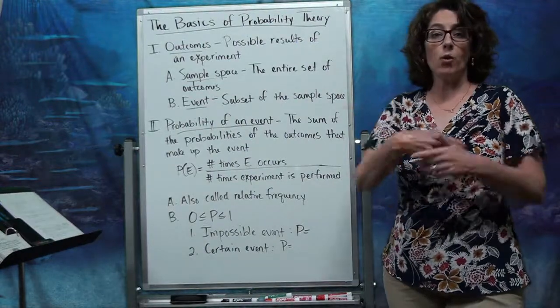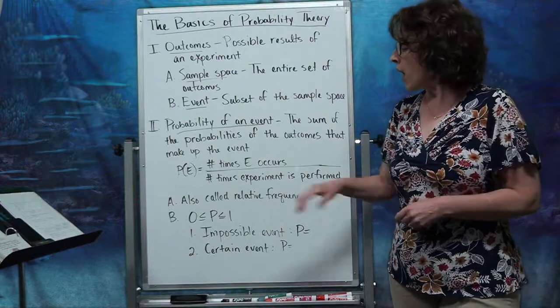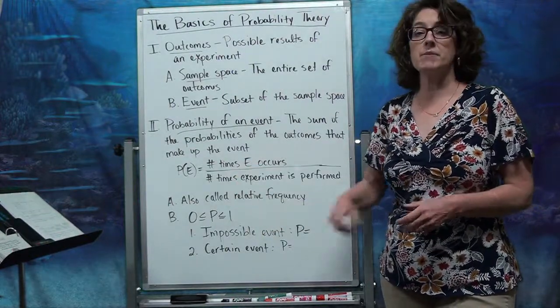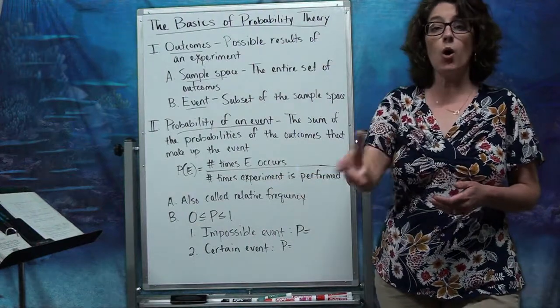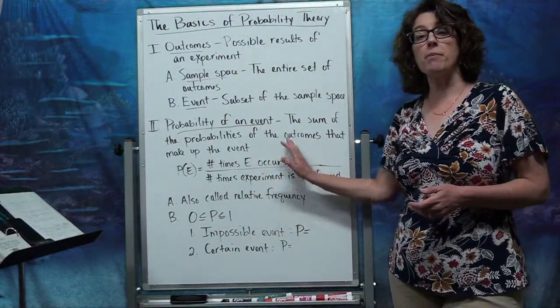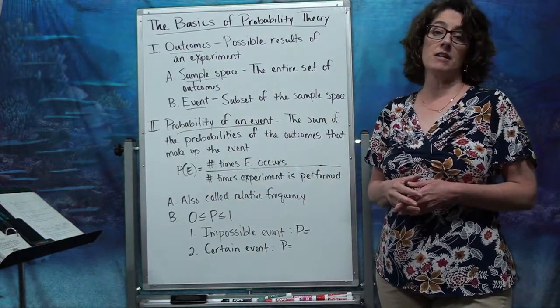So let's say that I'm rolling that die and I want to know the probability that it lands on a 4. Well, the number of times that it actually does land on a 4 divided by the number of times that I roll that die is going to be the probability of the event, defined as landing on a 4.